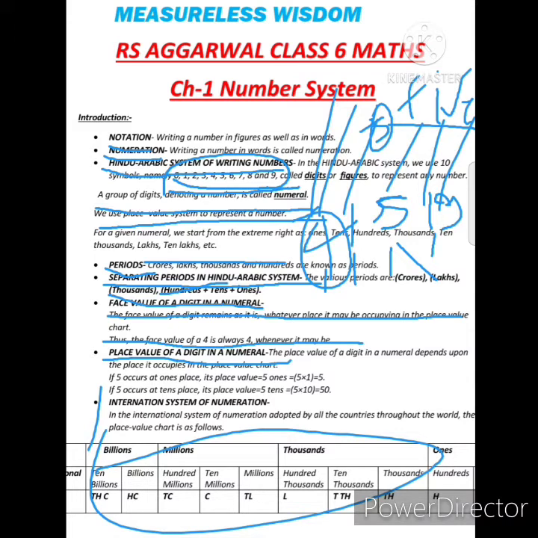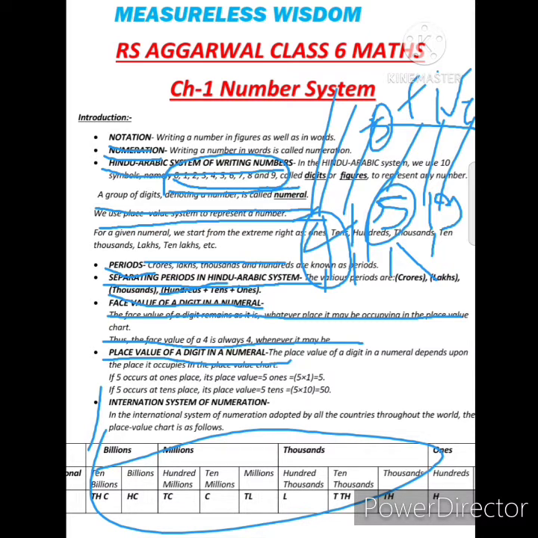I slipped my tongue, so it is 40,000 now, and if the 4 is here, then its value will be 400. So the value changes according to the place value chart.